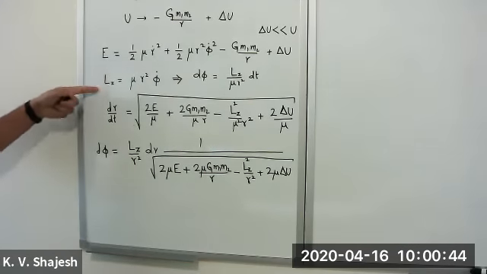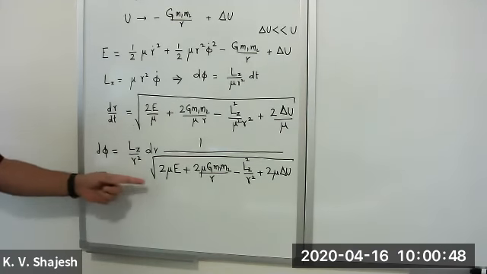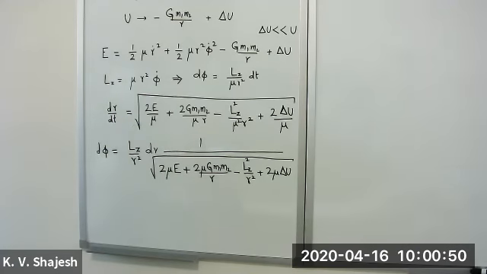We have energy conserved, angular momentum conserved, and based on the energy conservation, I can write this down. But we did this in a better way, and that's the following.